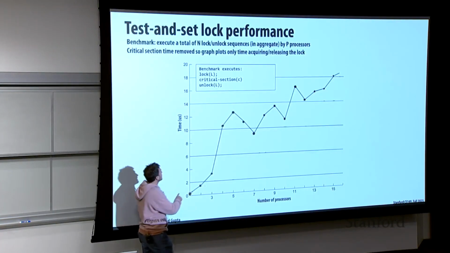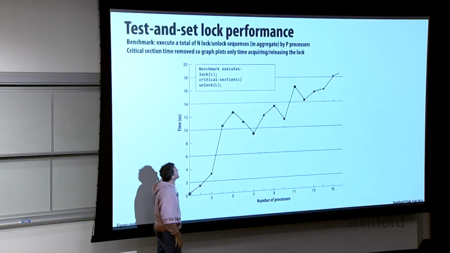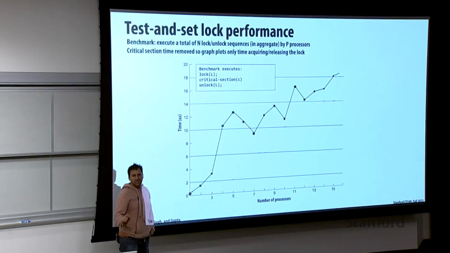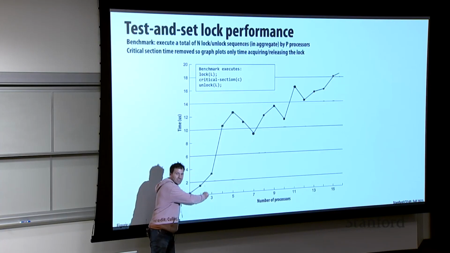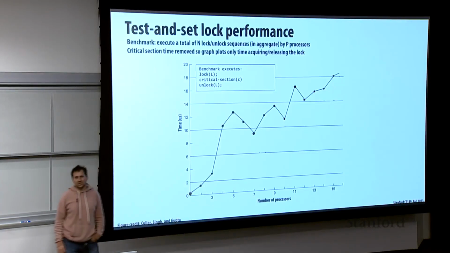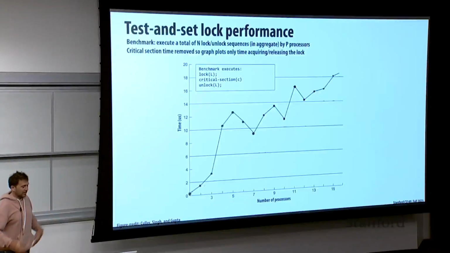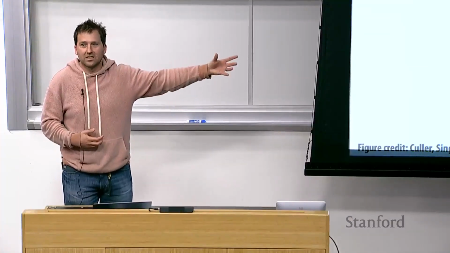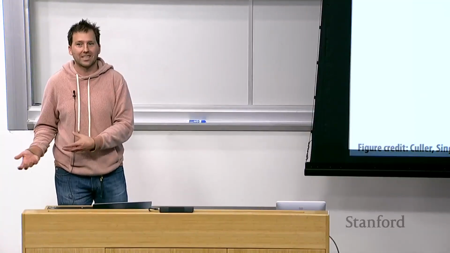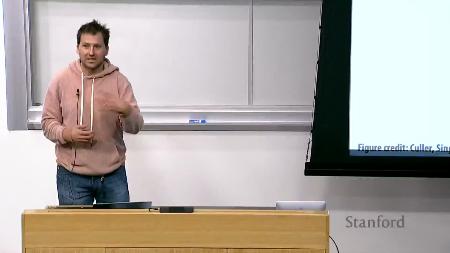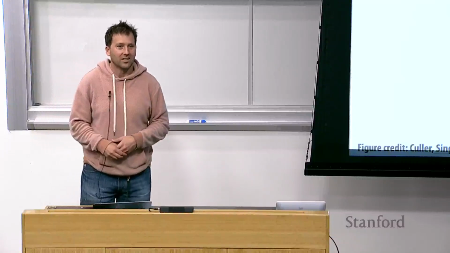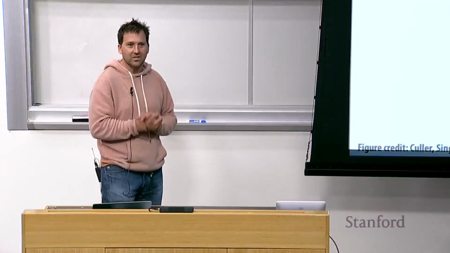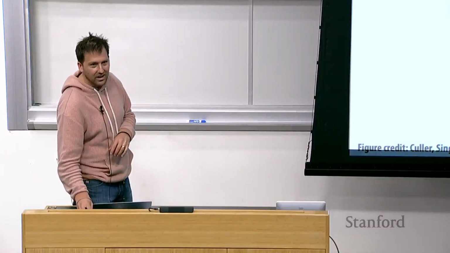And you actually see that in this graph, which shows the cost per lock-unlock, which is going up as a function of the number of processors in the system. Because in order for me to get the cache line in the writable state, I'm contending with an increasingly large number of processors. It might take me longer to get that exclusive access, and might take me longer to literally unlock the lock. And so every unlock period starts getting bigger.